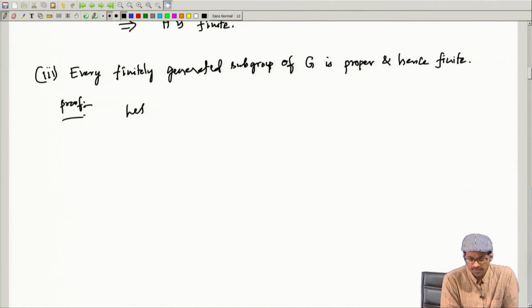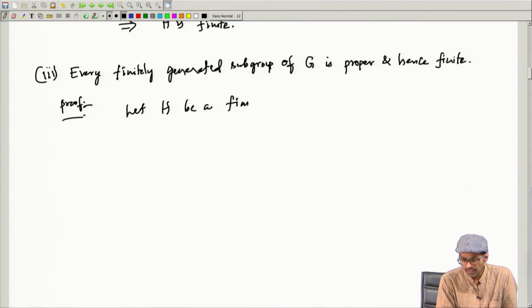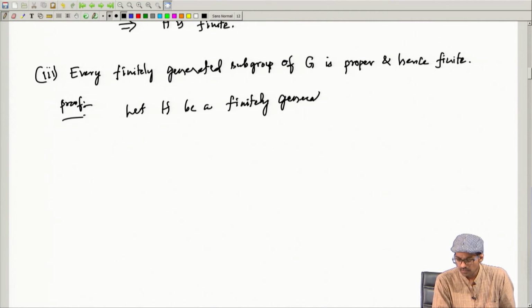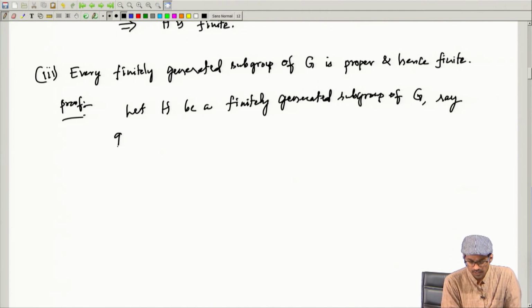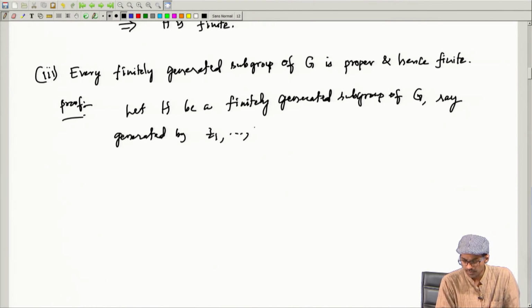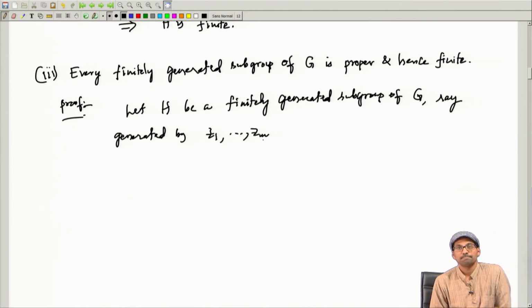So, let H be a finitely generated subgroup of G, say generated by, let us say, z1, z2 and so on, zm. Okay.